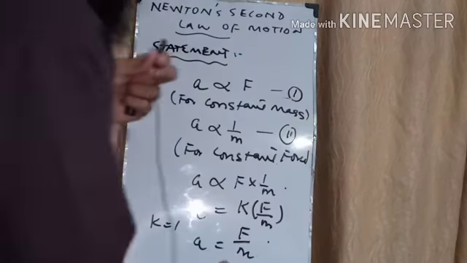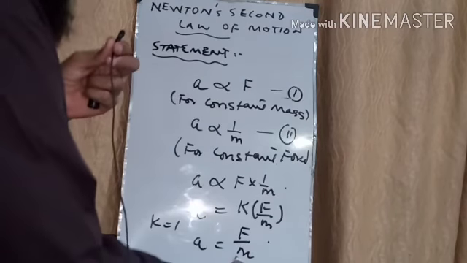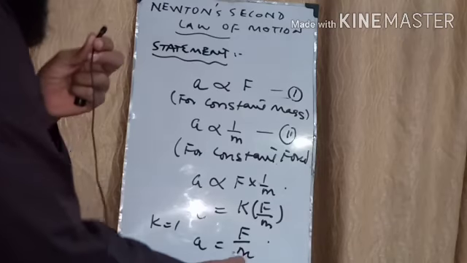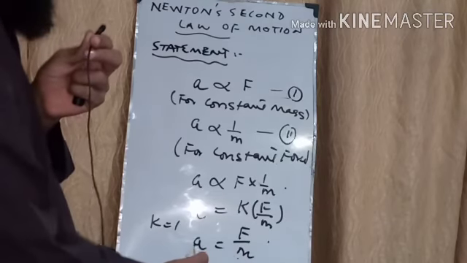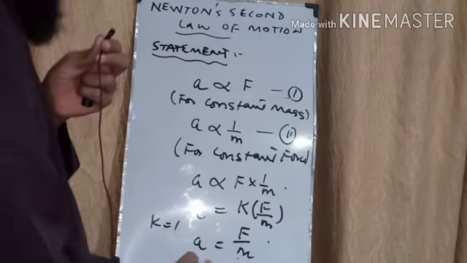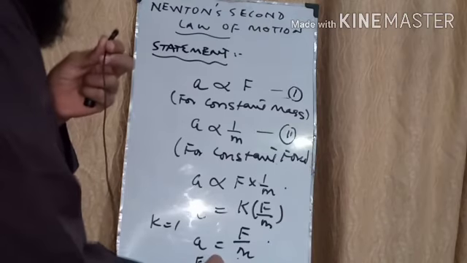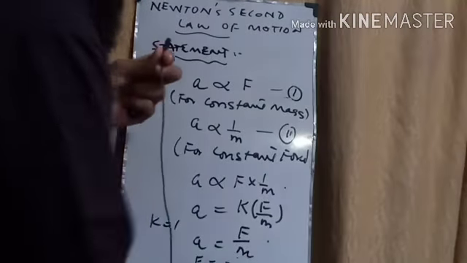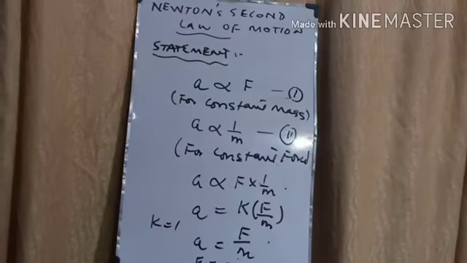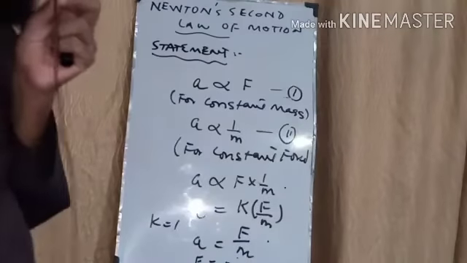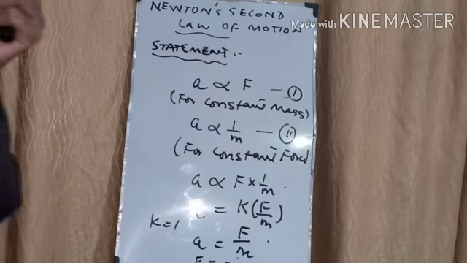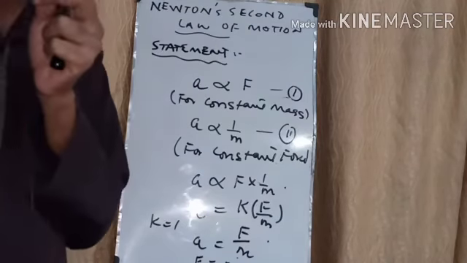This relation is changed because m in the denominator comes into the multiplication form. On the other hand, the relation we obtain is F equals ma. This is the final equation of Newton's second law of motion, in which force equals the product of mass and acceleration.